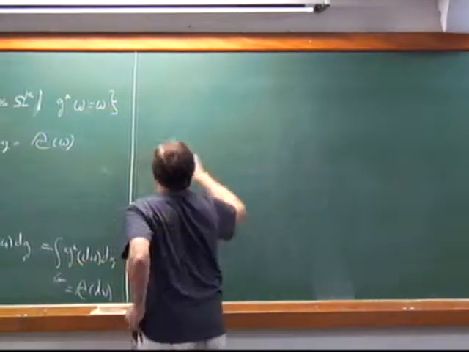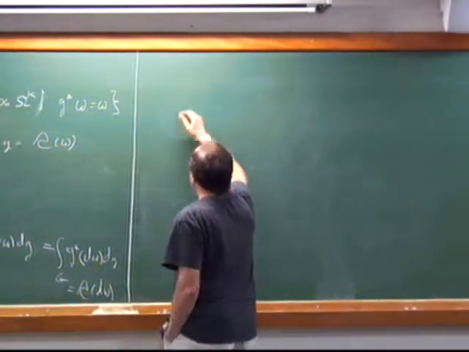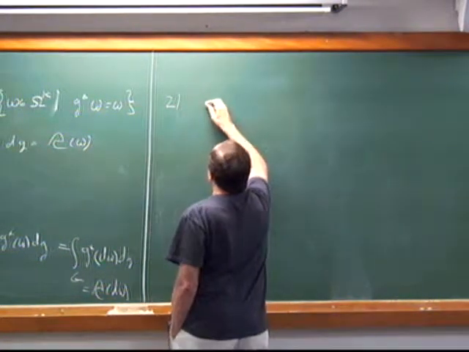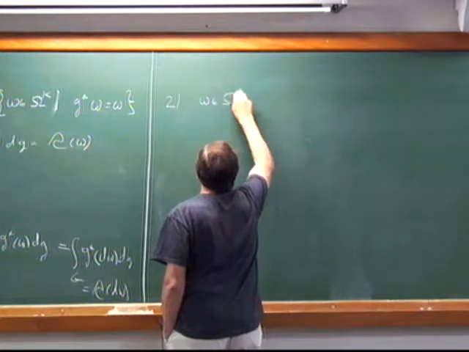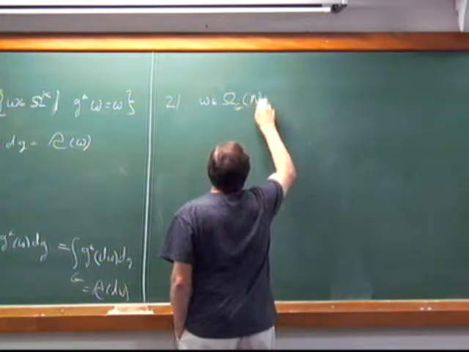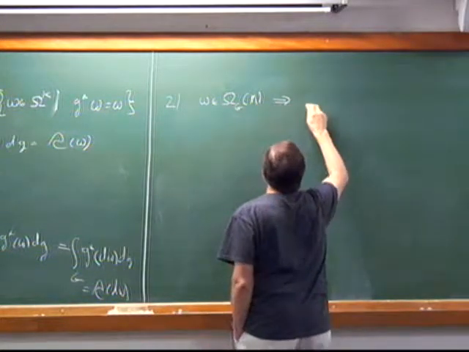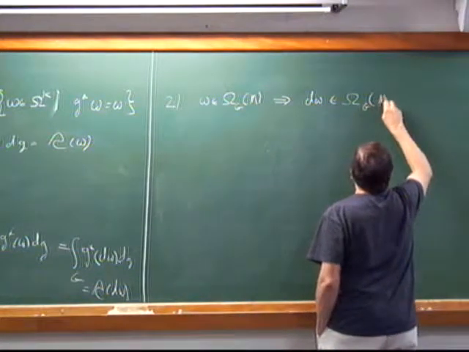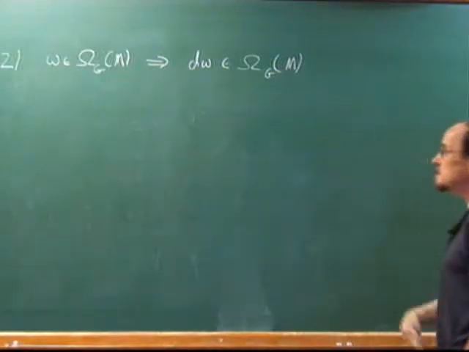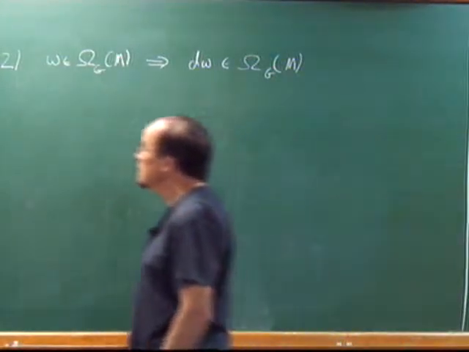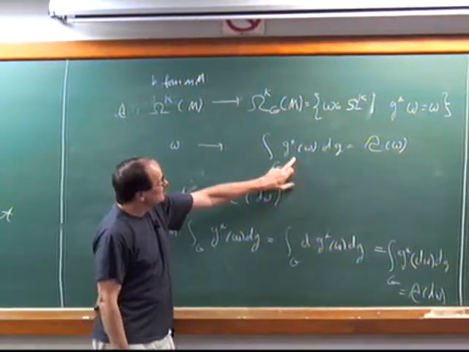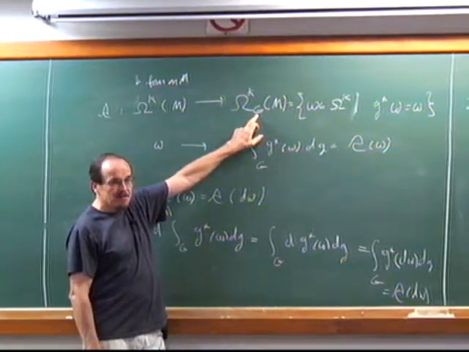So the next observation is that if omega is G invariant, this implies that d omega is also G invariant. So if we look at the subset of G invariant ones, then of course I should make the remark, maybe I didn't make this, that if I'm averaging over G, that becomes a G invariant form.